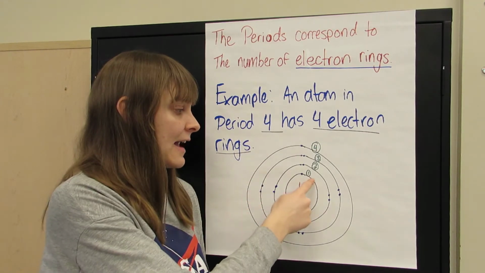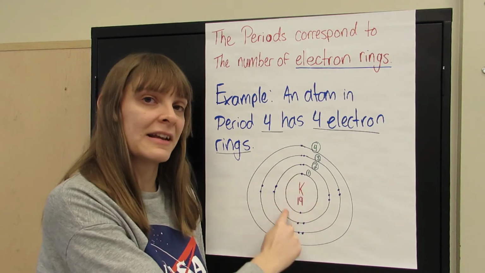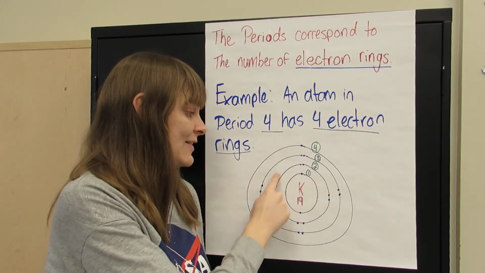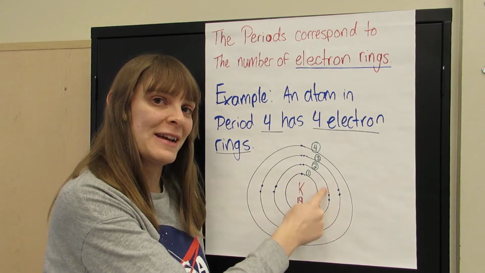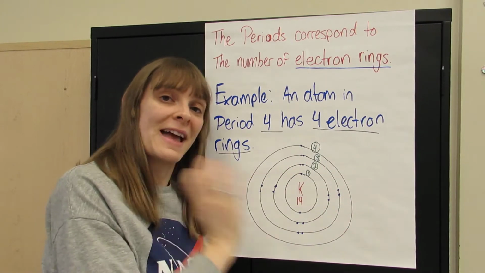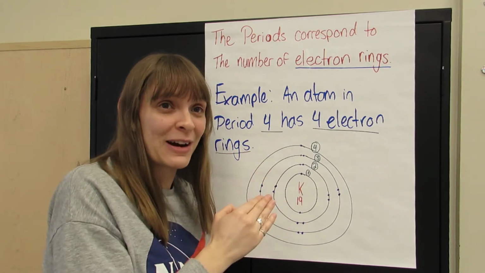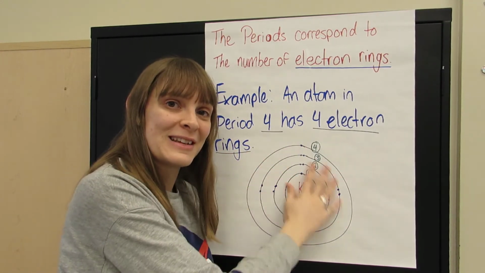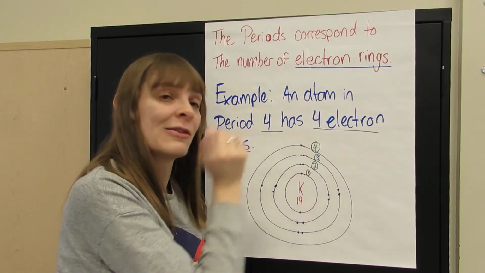And you can see that it has this small ring in here. That's the first one. Then there's a second ring, third ring, and the fourth ring. This is what we mean by the rings. So any atom that's located in period 4 would look very similar to this. It would have 4 rings.